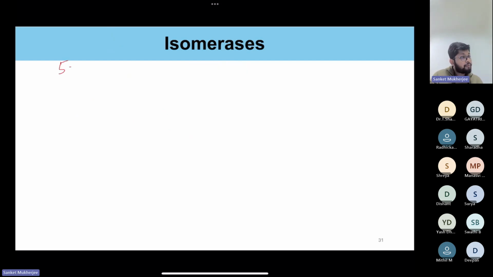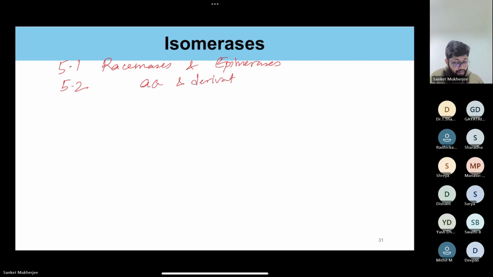Their subclass 5.1 are racemases and epimerases. 5.1.1 they act on amino acids and derivatives. So if some enzyme converts, let's say, an L amino acid to a D amino acid, it would fall into this category.